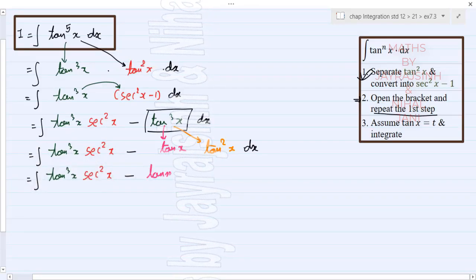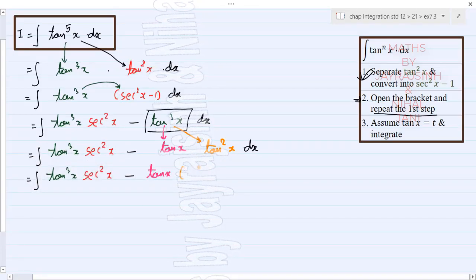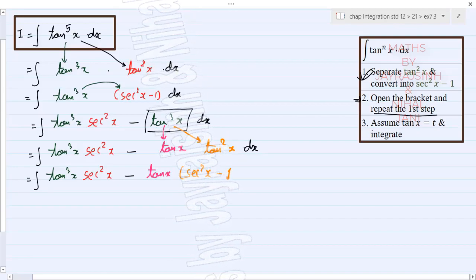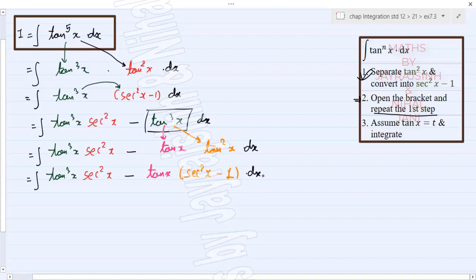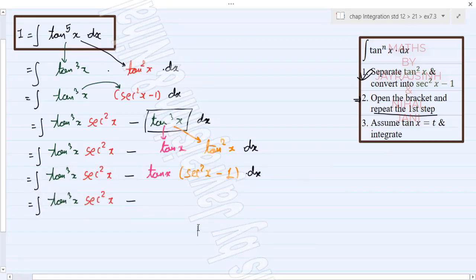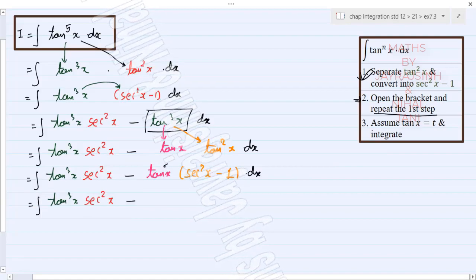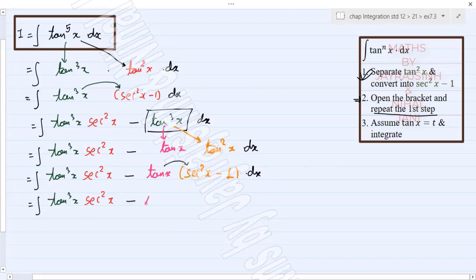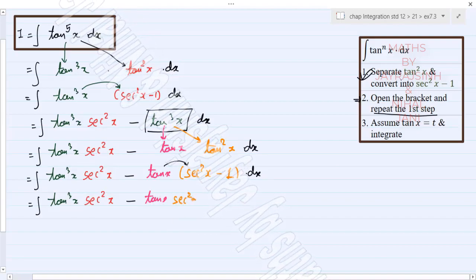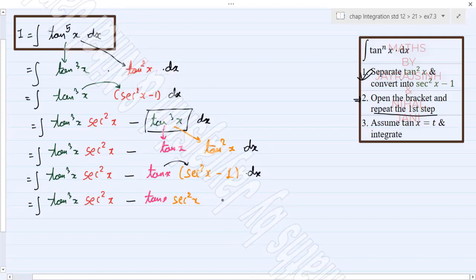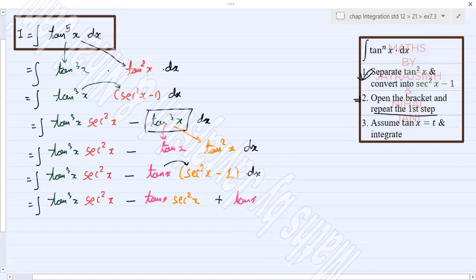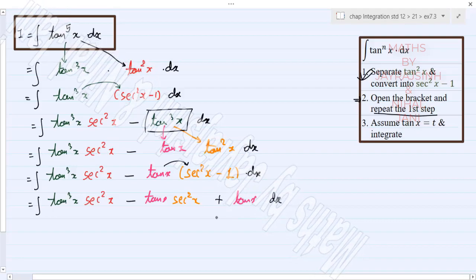Let's simplify the second step. tan x, and instead of tan square x we have to write sec square x minus 1 dot dx. Again the first term as it is and open the bracket. tan x into sec square x, minus minus become plus tan x dot dx.